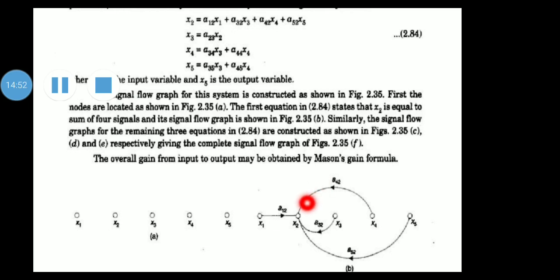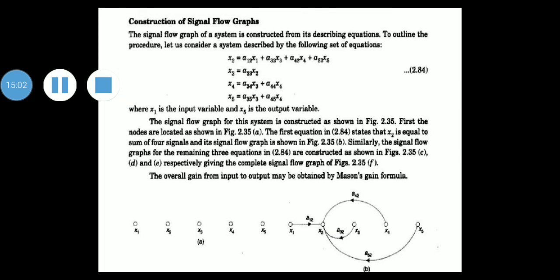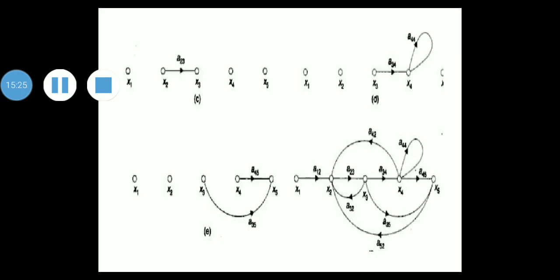For x2 we have a12 x1, then a32 x3, a42 x4, and a52 x5. Next, we have to go for the next equation.